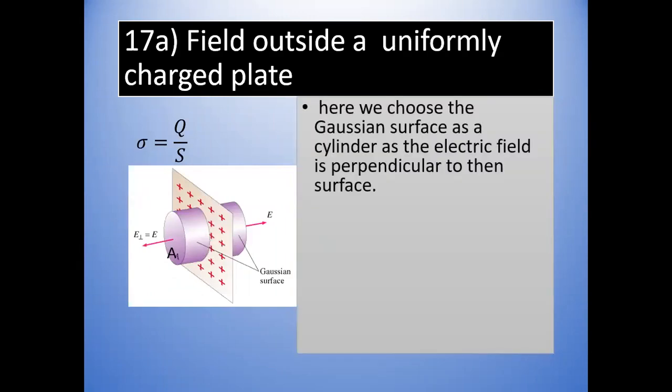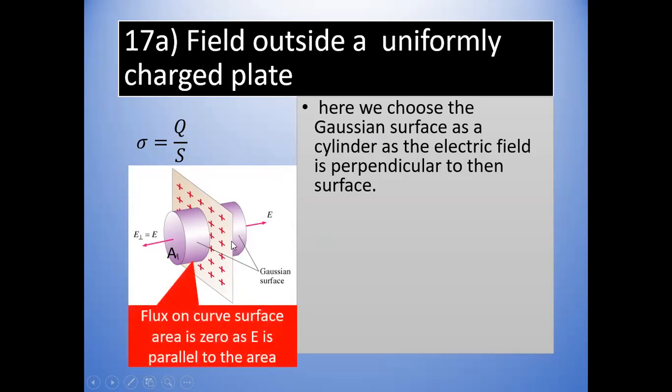So in this case, it's better to take a rectangle or a cylinder, either one. Here we choose a Gaussian surface as a cylinder, as the electric field is perpendicular to the surface. That's your side there. So the flux on the side is 0 because your E is parallel to this surface.